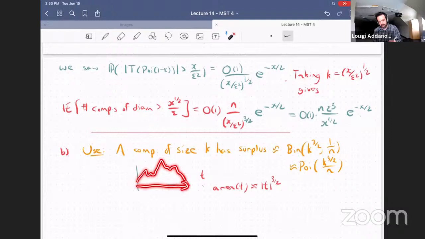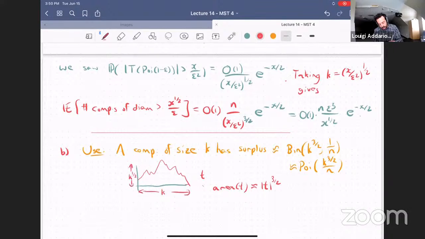If it has length k, then it will have typical height of order square root k. So the total area under the excursion will be like k to the 3 halves, and that's the number of possible places for surplus edges. Each of those shows up with probability about 1 over n.